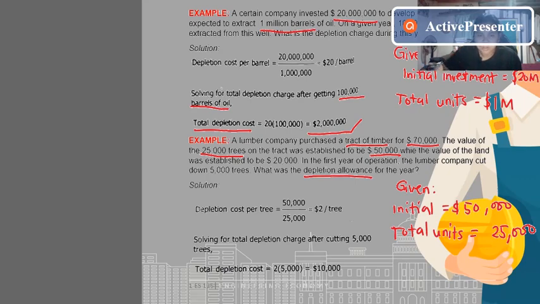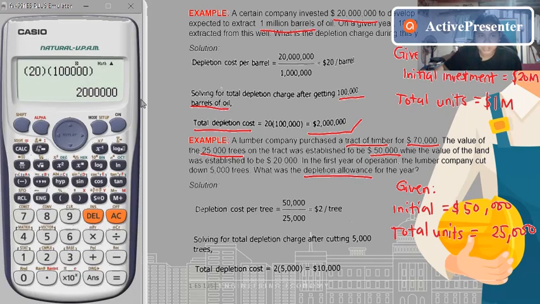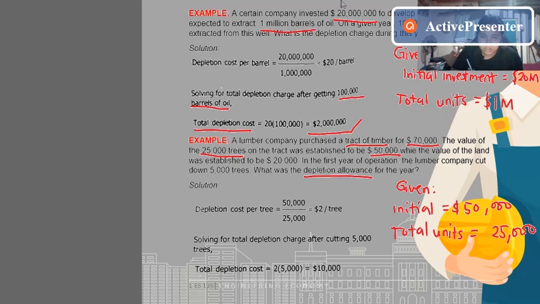$50,000. So, solving for depletion cost per tree, we have 50,000 divided by our total units of 25,000 trees. So our depletion cost per tree will be $2 per tree. So, solving for the total depletion charge after cutting 5,000 trees. So we have our total depletion cost.